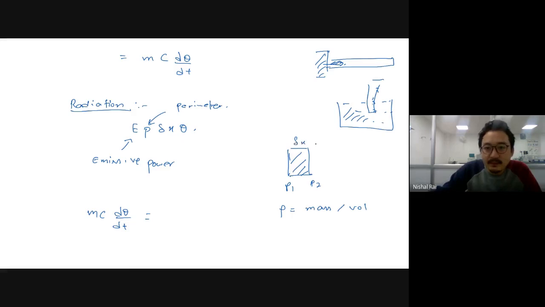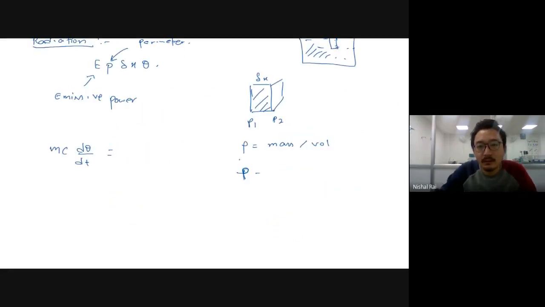This is δx, and let A be your area of cross section. Then ρ can be written as what? Mass is basically m divided by volume. What can you write? δx times area.